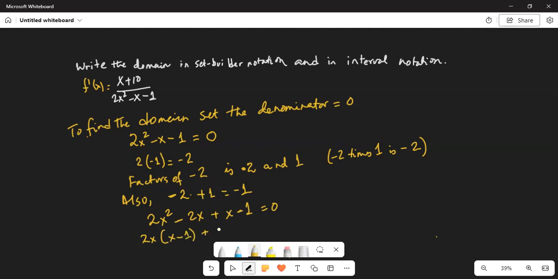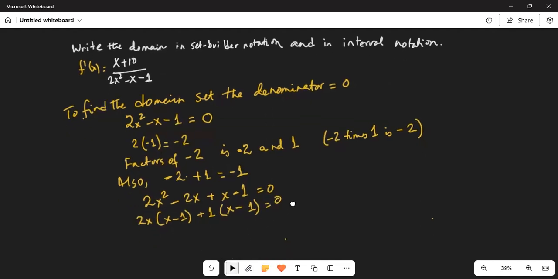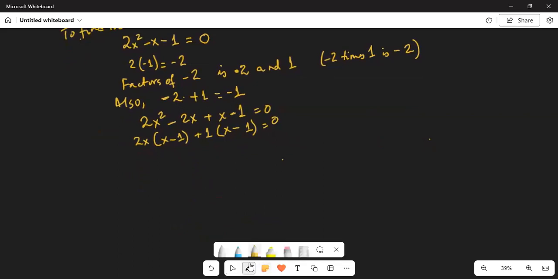And from the third and fourth terms, we take a 1 out so that we get the same factor, x minus 1, in the parentheses. So x minus 1 is the common factor, and we are left with 2x plus 1. 2x from the first and 1 from the second. So 2x plus 1 is equal to 0.